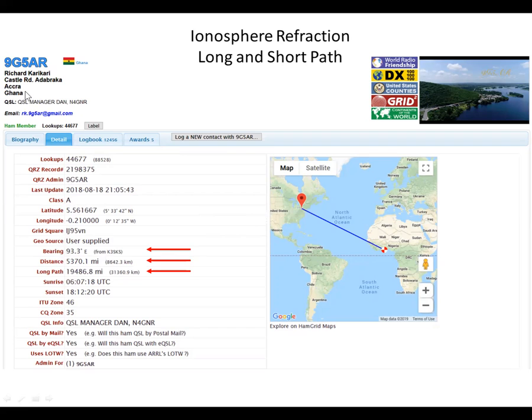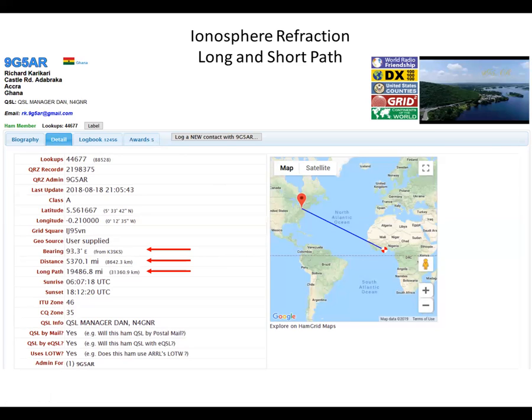And in this case, it's a station in Ghana, and so this would be 93.3 degrees from where you're at here in Pennsylvania, and this would be the Great Circle path to that station. And then the distance is 5,370 miles, and the long path will be 19,486. You add those two together and you get the circumference of the Earth, which is around 24,000 miles.